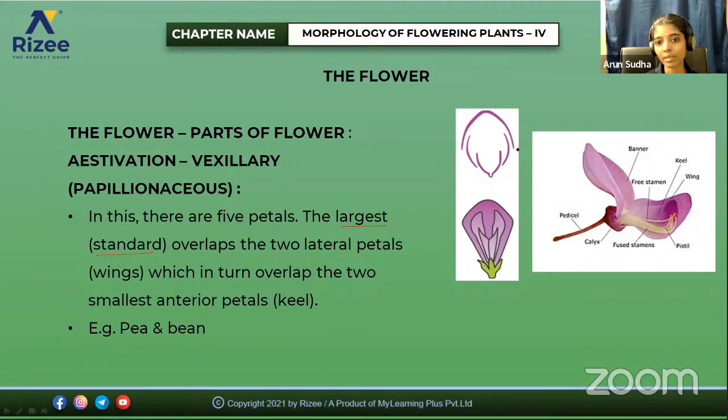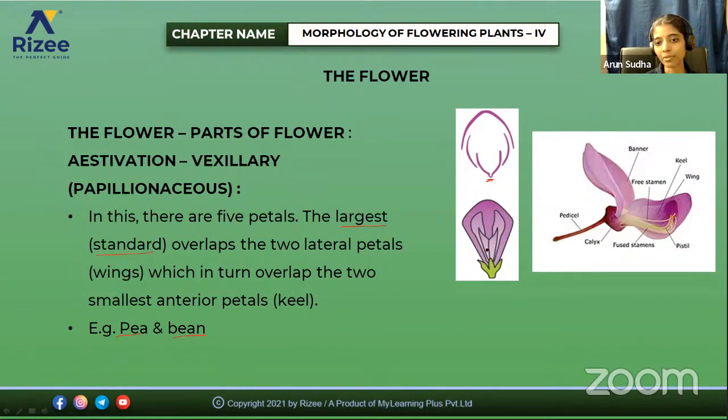These two are the lateral petals, called the wings or alae, which in turn overlap the 2 smallest anterior petals called keel, and these two are united together. But here all these are free, they are not connected, but here they are united. Examples are pea and bean, which come under the vexillary estivation.